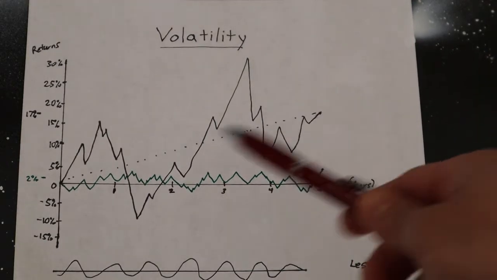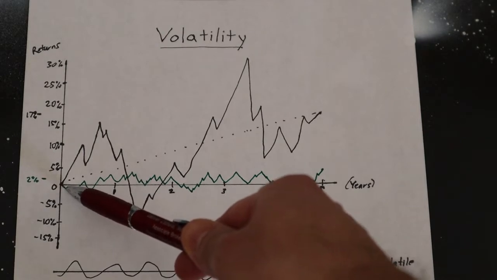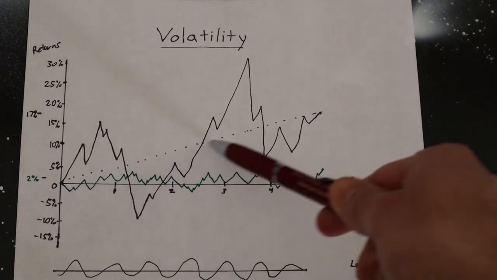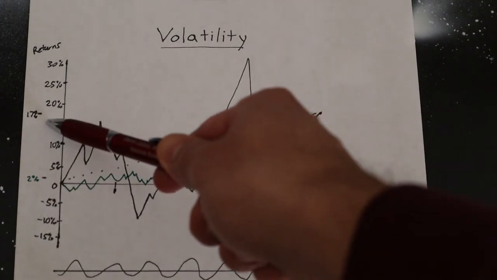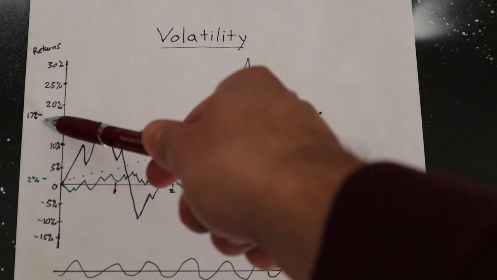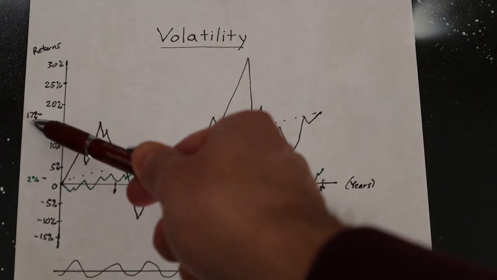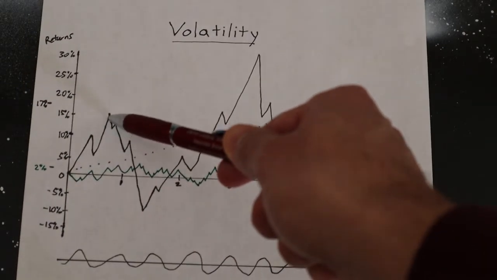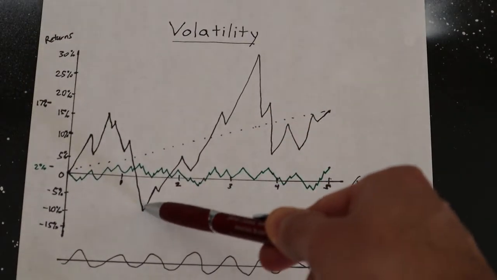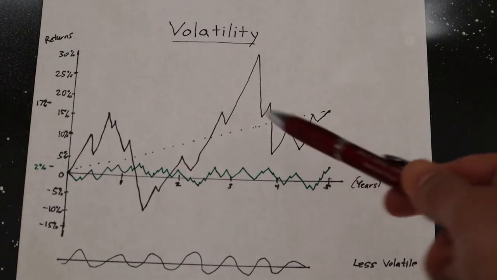And by year 5, from the starting point, this dotted line represents the average, right? Which is approximately 16-17% rate of return. But in order to get that, you had big highs and low lows, right? High highs and low lows.